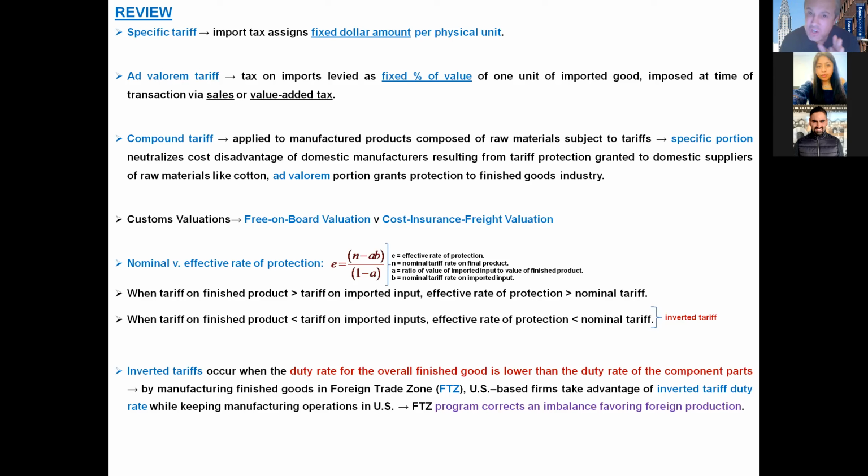You can't manufacture. You can't do any type of high-tech processing. You can do basic assembly and packaging, but you can't do any manufacturing, which you can do, of course, in a foreign trade zone, that makes the type of solution to inverted tariffs we talked about possible.